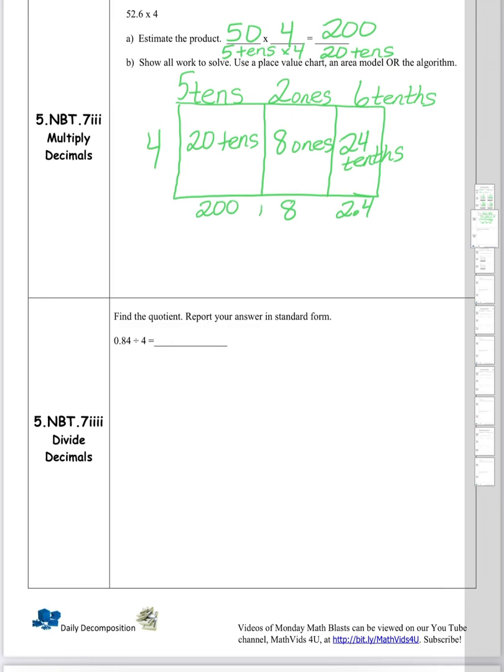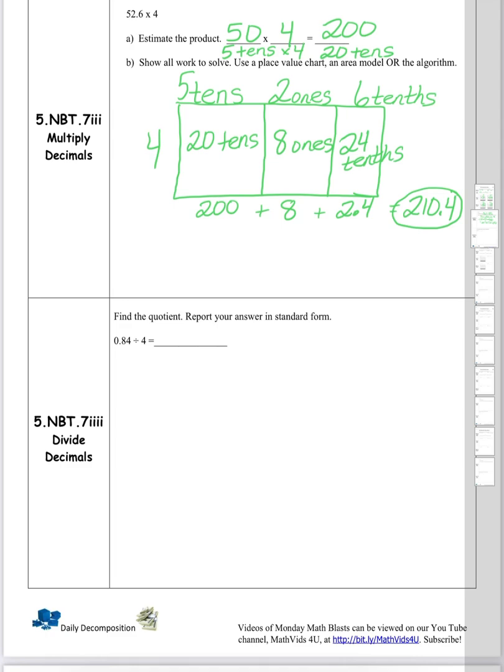So now I can add these numbers that I get, and it should be 208 plus 2 and 4 tenths is 210 and 4 tenths. So the product, the answer to my multiplication problem, is 210 and 4 tenths. And when I look back at my estimate, it should be around 200. I feel pretty good about that answer.